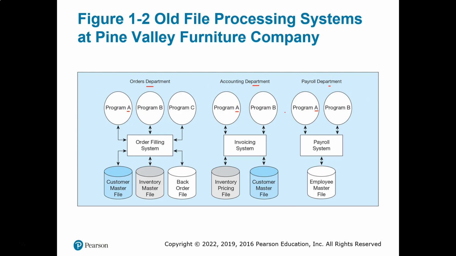So let's say project A is a customer who has a restaurant and they order 30 custom-made tables for their restaurant. Well, we at Pine Valley Furniture have to ask the question, okay, what stuff do I need to make those tables? What kind of wood do I need and how much?